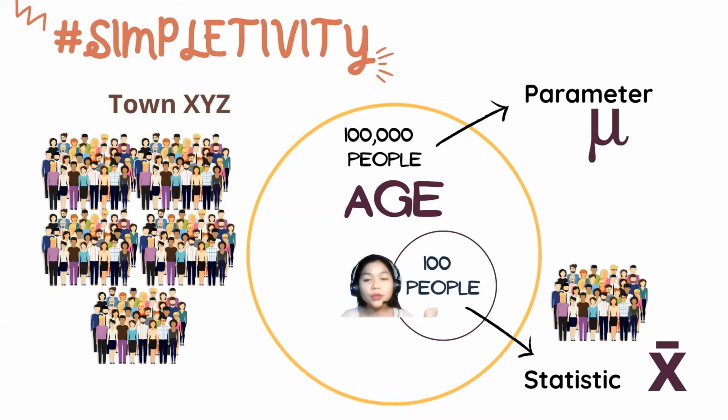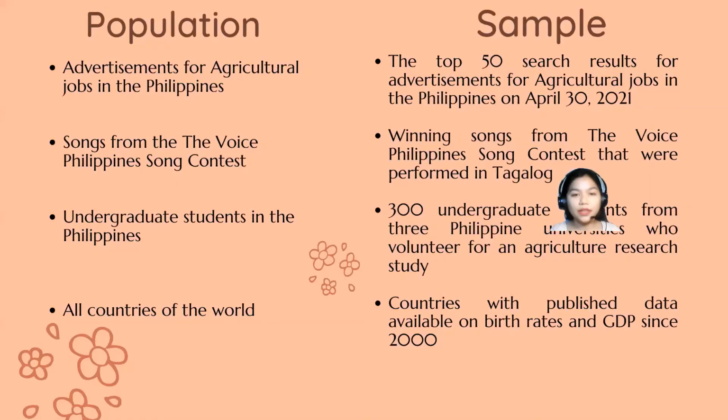But if we're just going to get 100 people to sample, to describe the mean of this, we are going to use the statistics. So we have X bar because we are only getting the representative of the entire population.